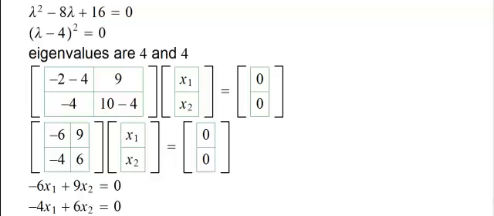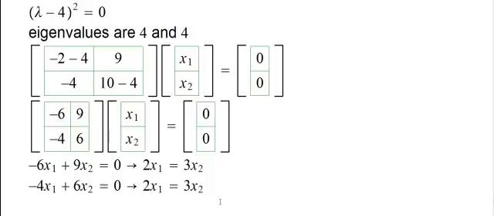So what does this tell us? In the first one it tells us 2x1 equals 3x2. In the second one also it tells us the same thing, right? So we don't have two linearly independent eigenvectors corresponding to this eigenvalue, right?